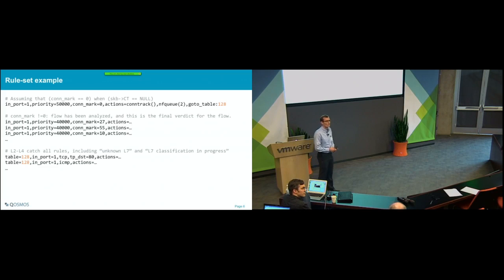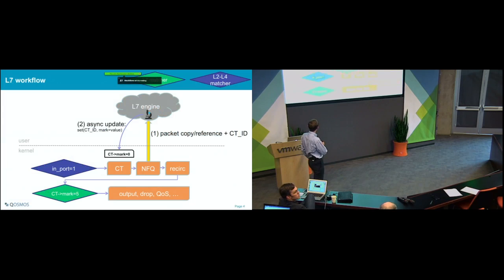I was wondering whether you could clarify how the conn mark is updated from user space. My name is Roxana. Yes, I've been a bit quick on this slide. This is an mmap, and you have a netlink message that permits updating the contract fields.